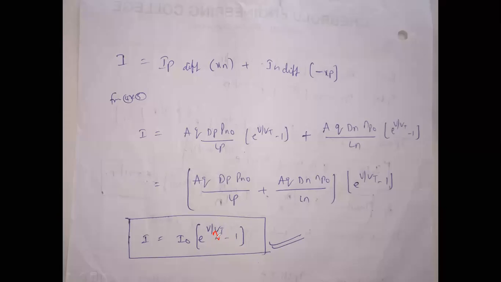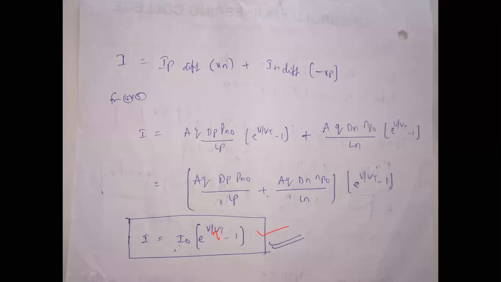The value of eta is 1 for germanium and 2 for silicon. Therefore, I equal to I naught into e power V by eta Vt minus 1 is the current.